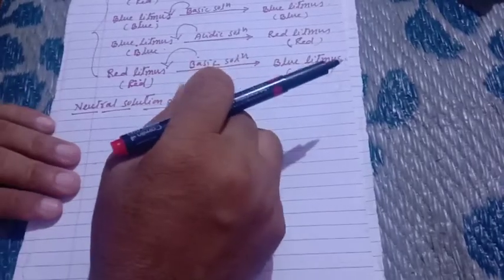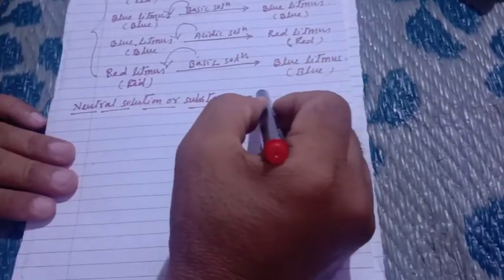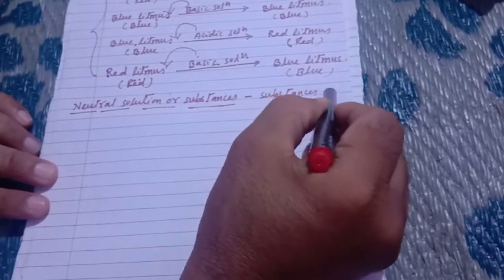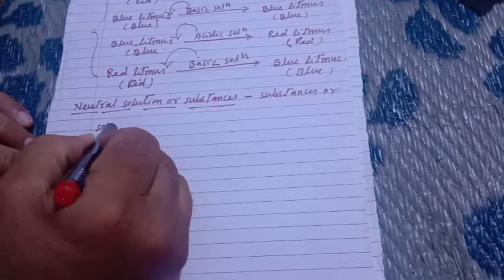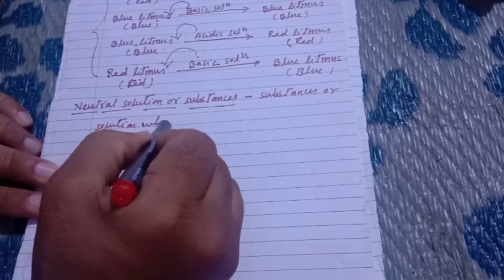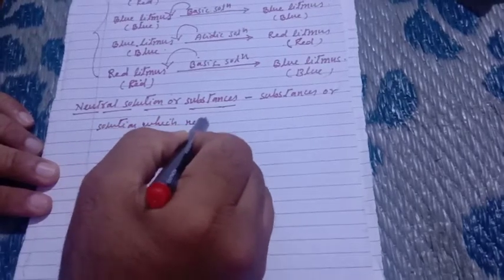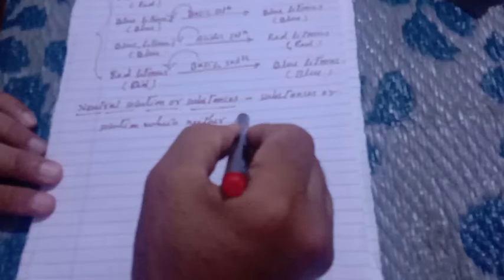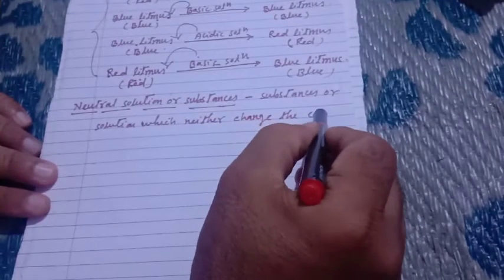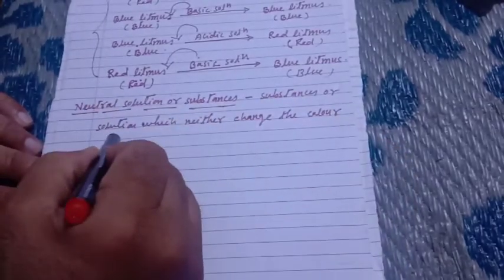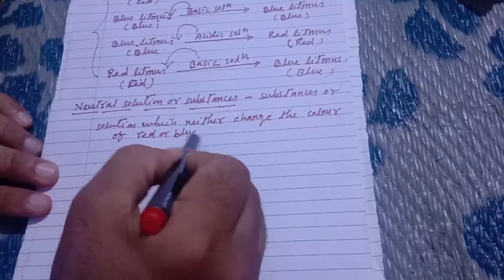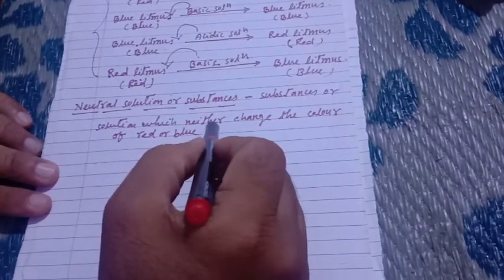They are substances or solutions which neither change the color of red nor blue litmus.